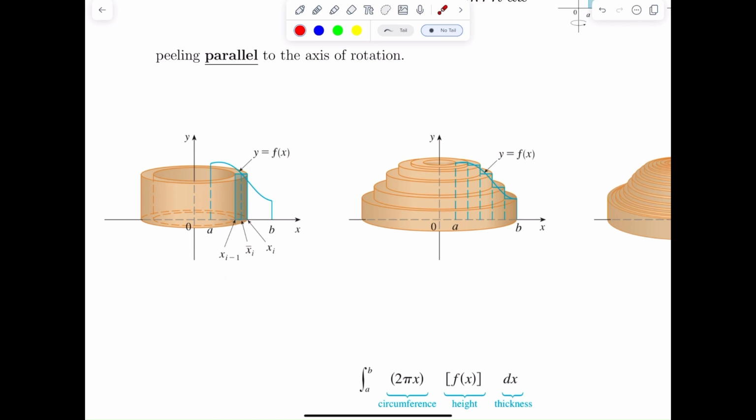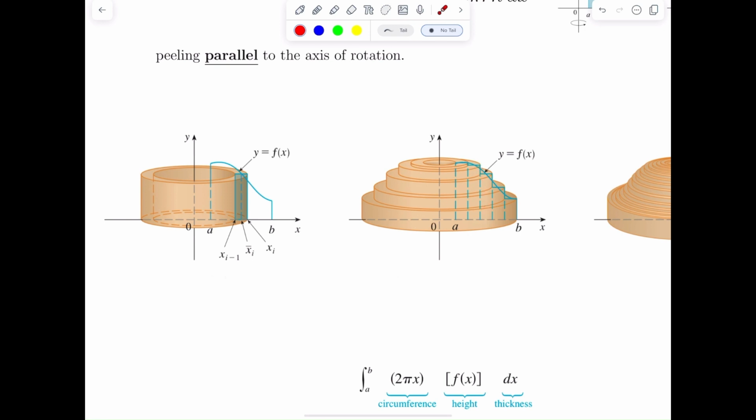But in this case, the radius is always going to be x if we're spinning around a vertical line. See, one cylindrical shell right here, its radius is wherever I chose to take this x value. The next one is wherever I chose to take this x value, so on and so forth. So the radius of each cylindrical shell basically goes from the axis of rotation to the outer edge of that shell, of that cylinder.